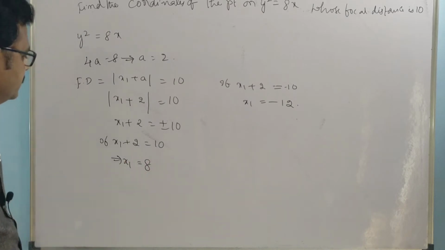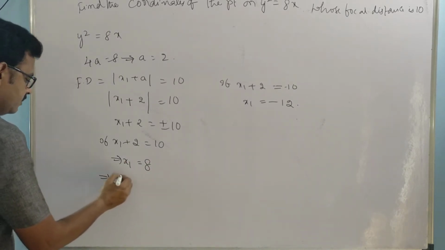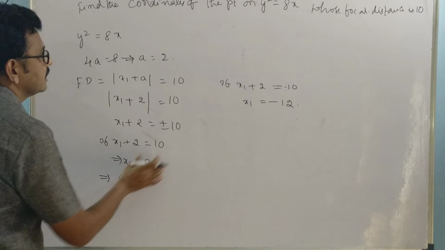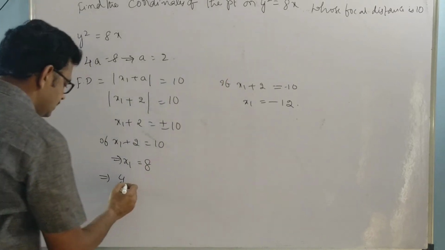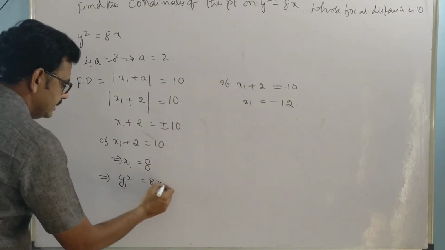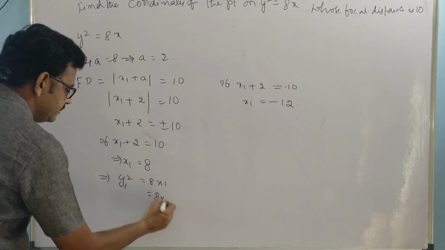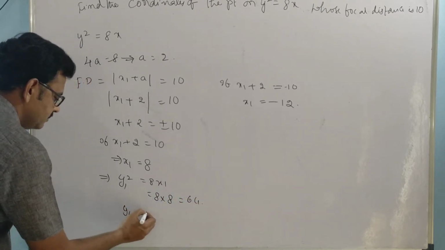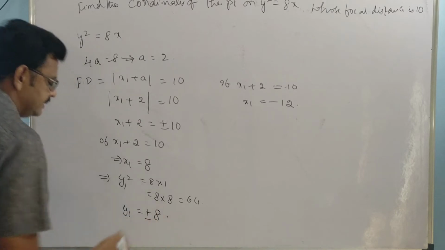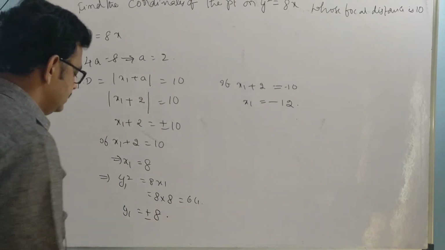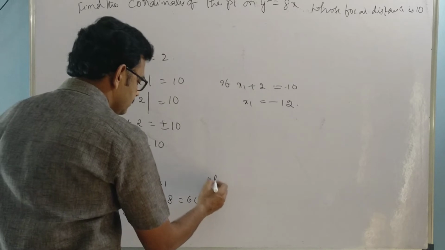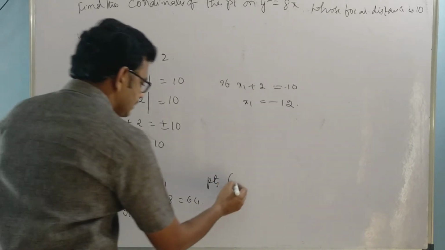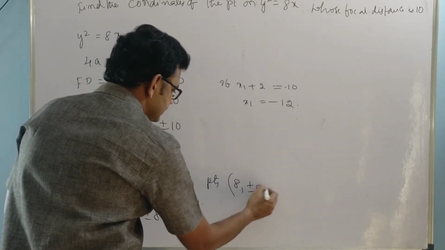If x1 is equal to 8, what is y1? Since the point lies on the parabola, y1 square is equal to 8x1, that is 8 into 8, 64. Therefore, y1 is equal to plus or minus 8. So the points are 8 comma plus or minus 8.